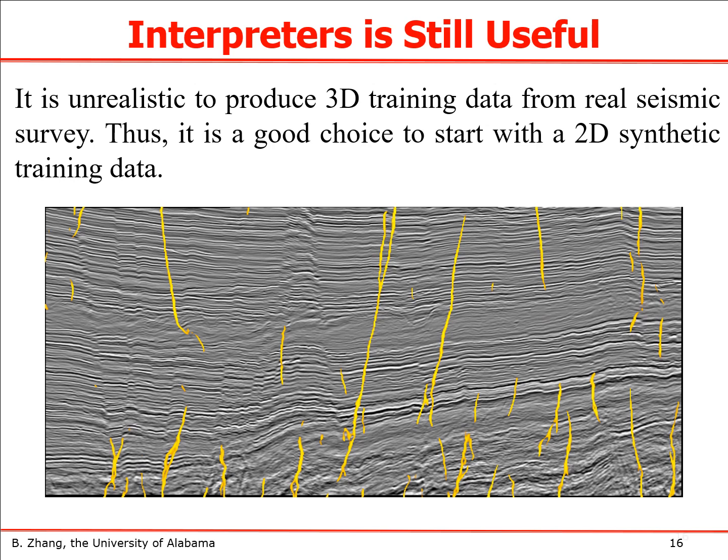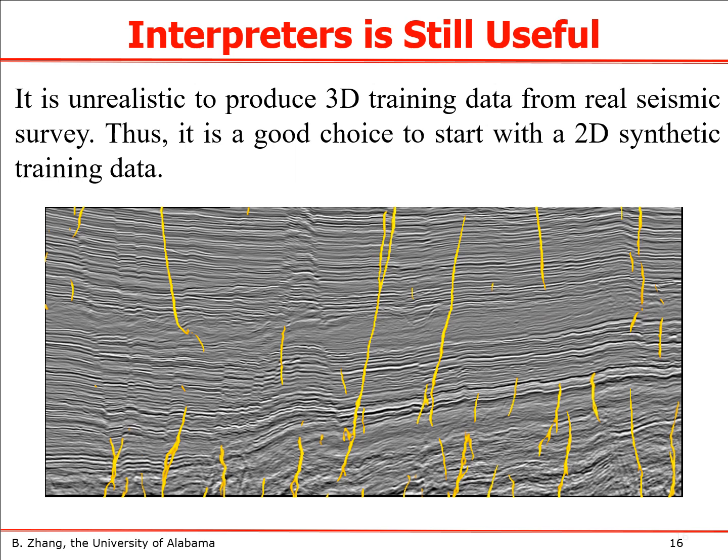Unfortunately, producing 3D training data from real seismic data is not realistic, especially considering the size of the training data is 128 by 128 by 128. So it is a good choice to start with 2D synthetic training data.